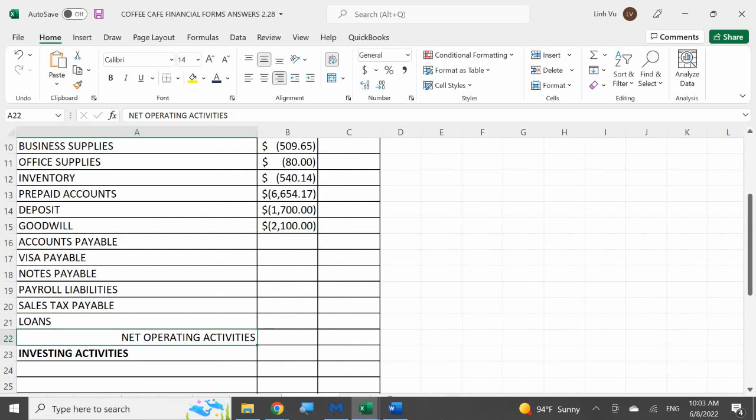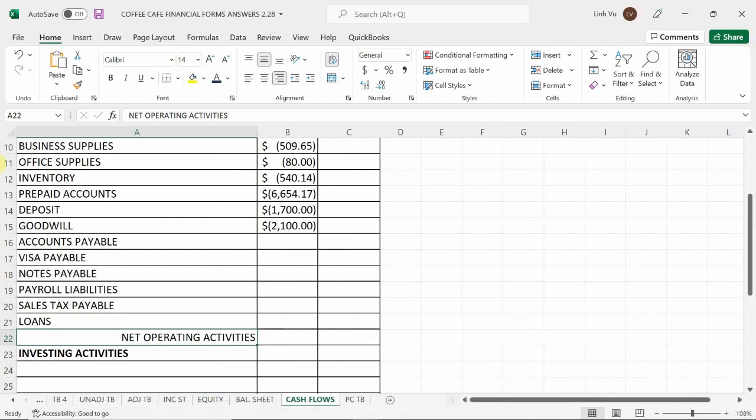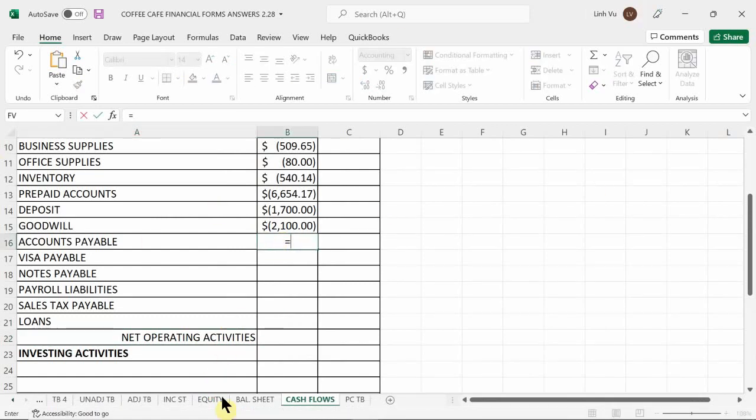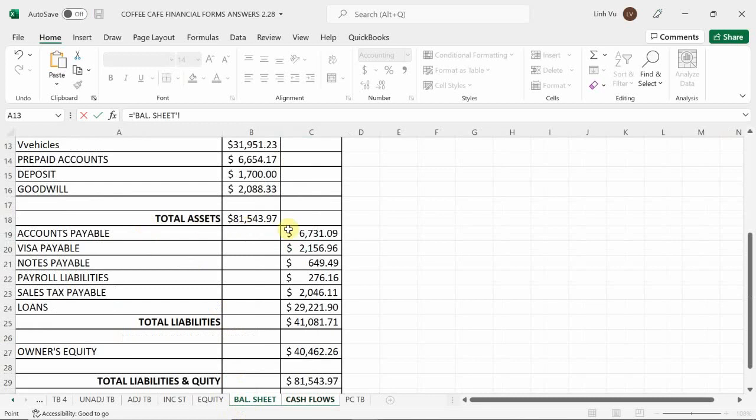Now, how we understand this is, starting with my accounts payable, I currently owe $6,731.09. I owe that amount. Did I actually pay for that amount?